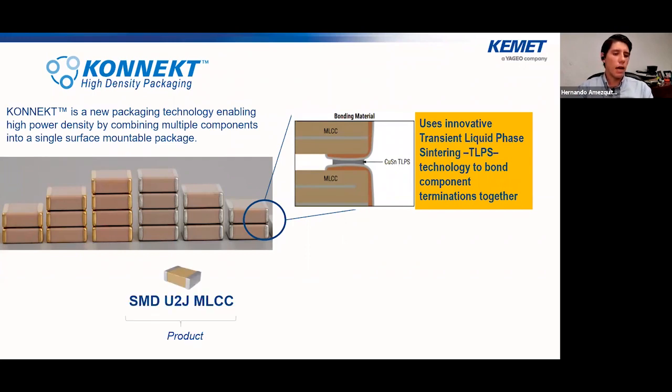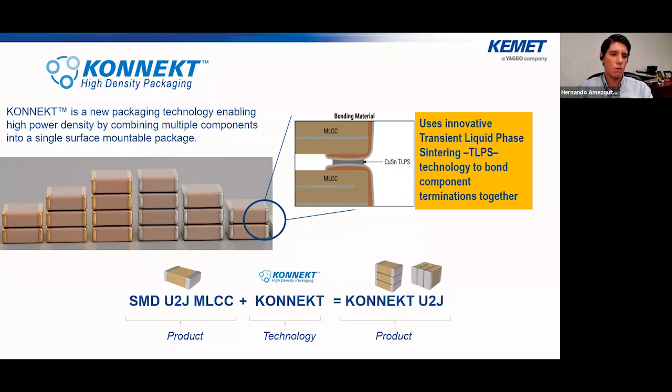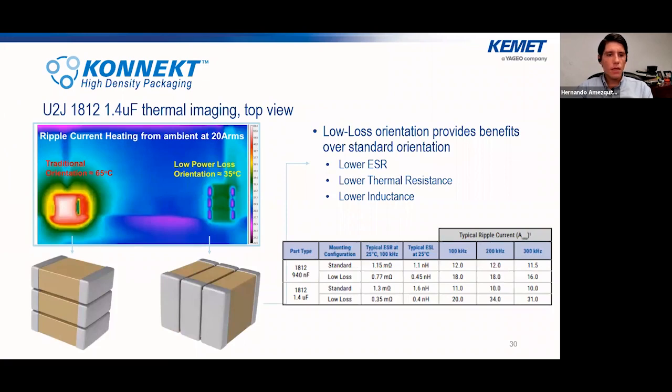It is a technology that we can combine with different products. For example, we can combine U2J with Connect, and we have Connect U2J, or U2J with Connect. One of the primary benefits of this technology is that in some cases it also offers low loss orientation.